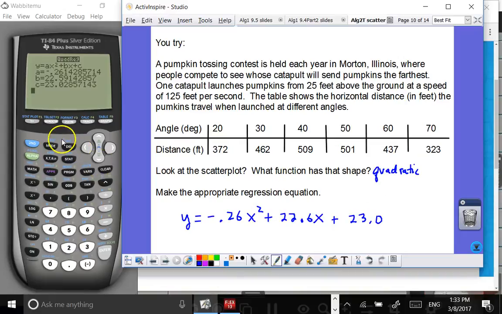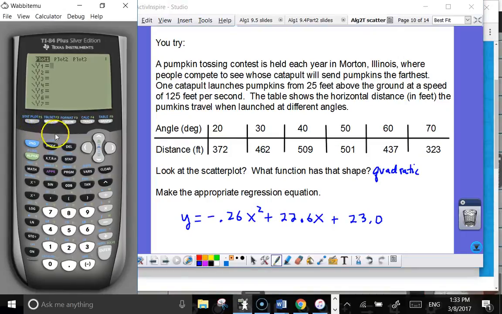And just for fun, I'm going to go to y equals, vars, 5, eq 1, and then look at the graph. Isn't that nice? Looks like the St. Louis Arch.